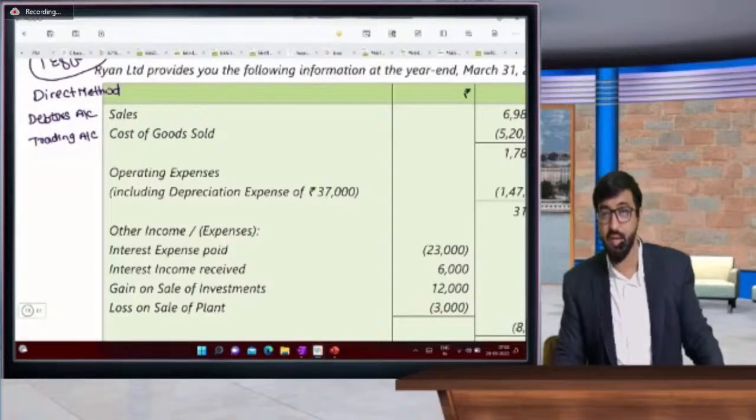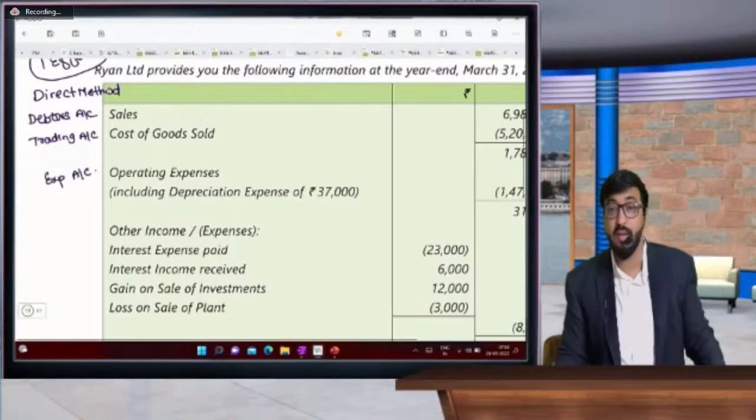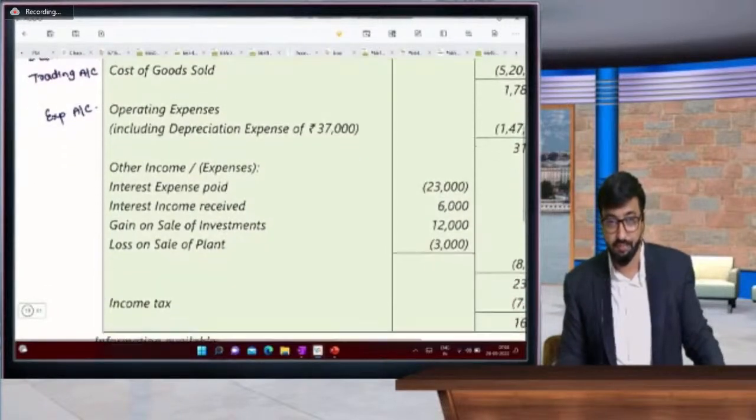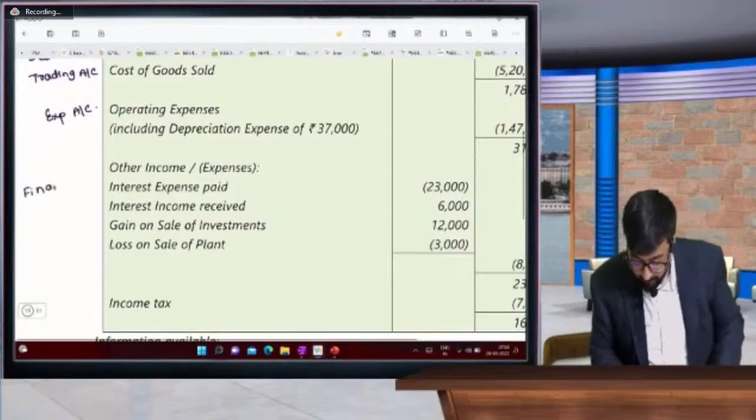Okay, in direct method, first you open debtors account, then for COGS you open trading account. Operating expenses, you will open expense account. Only one effect. Interest expense paid is directly in financing activity.